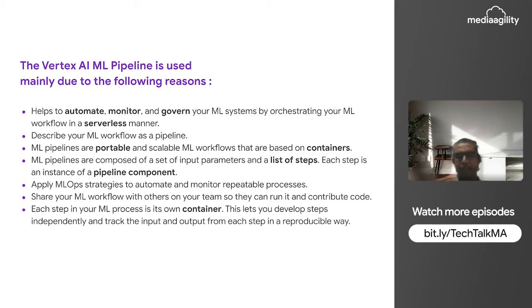We can also share these components within the team, by means of a YAML file or Docker. There are different ways by which we can share the content of our component with other teams as well.